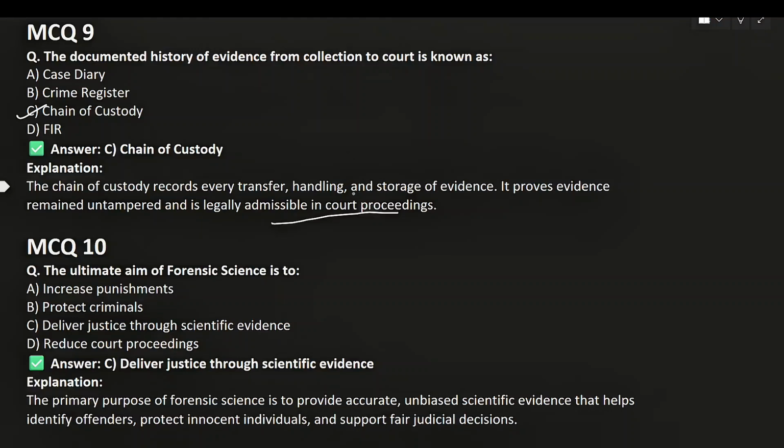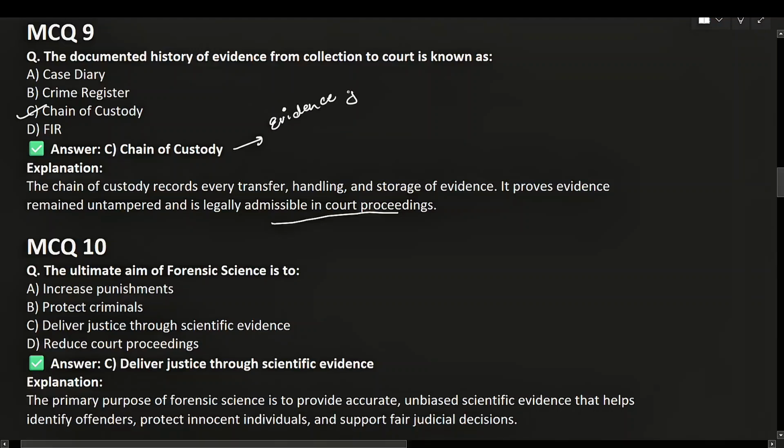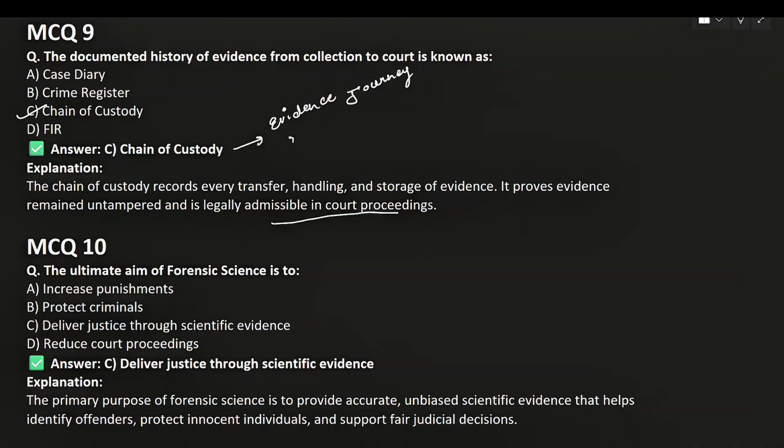So quick memory trick: evidence journey from crime scene to court.